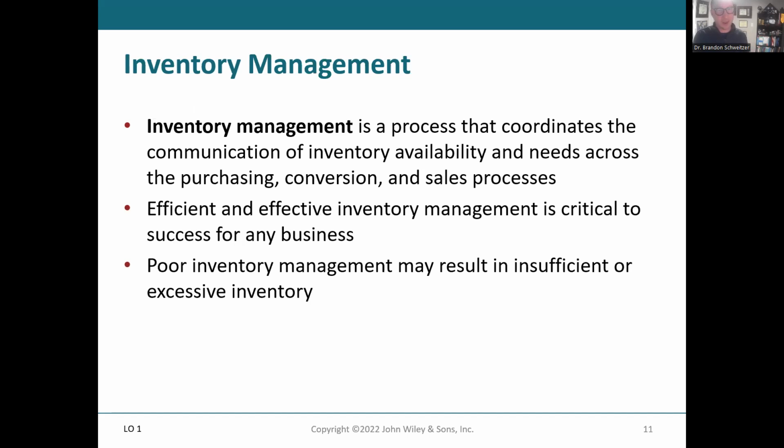And that's a result of poor inventory management, right? You also don't want too much inventory sitting in your warehouse, because that just means that your cash is tied up in that inventory. So inventory management is a critical component of any good accounting information system.